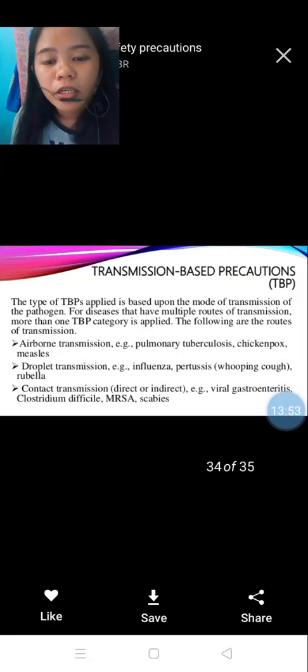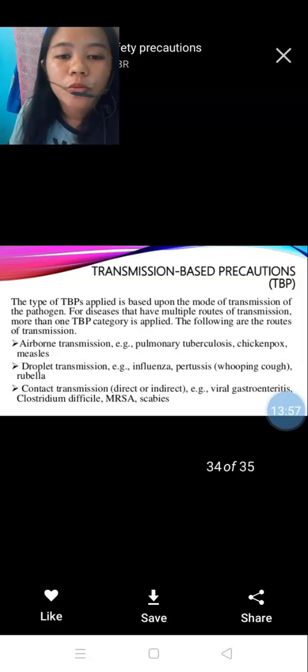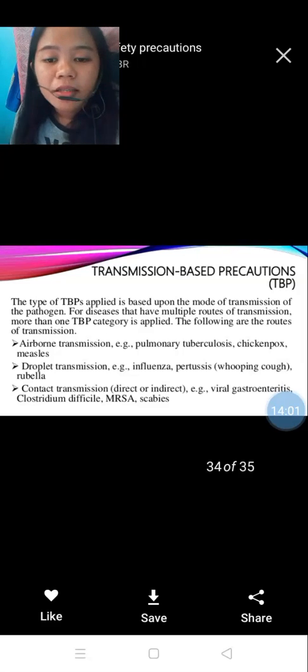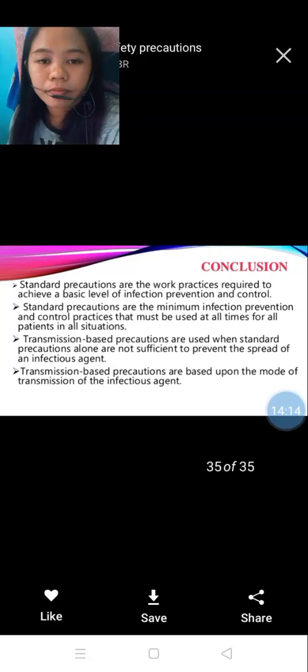Next is droplet transmission, which includes influenza, pertussis or whooping cough, and rubella. Next is contact transmission, direct or indirect. Examples are viral gastroenteritis, Clostridium difficile, MRSA, and scabies.